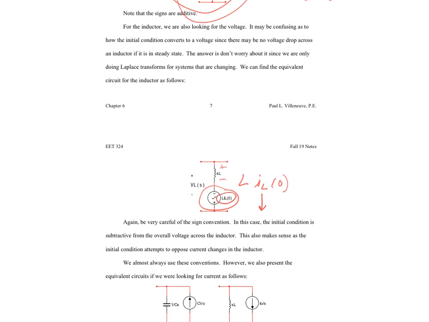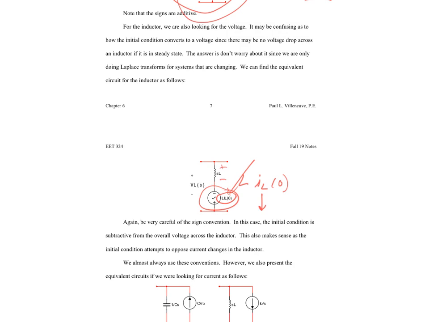Well, it is flowing, but we represent that as a voltage source, a voltage that doesn't change. So even though we say that the voltage magnitude doesn't change, it's okay because we've got that LIL of 0. So when we do all our calculations after the fact, it's still going to hold because it's based on our current in the inductor not changing before a transition or just after. Does that make sense? Kind of, sort of?